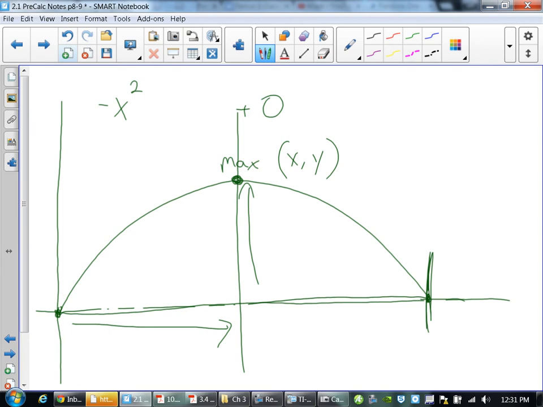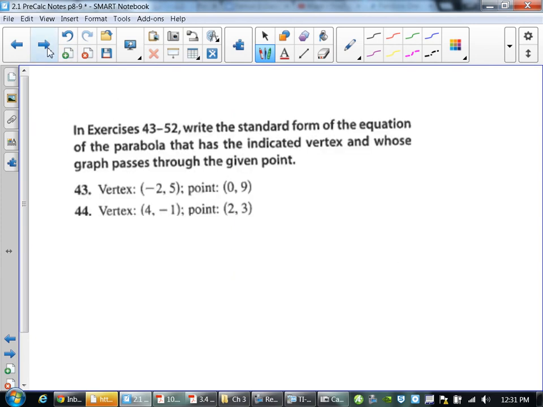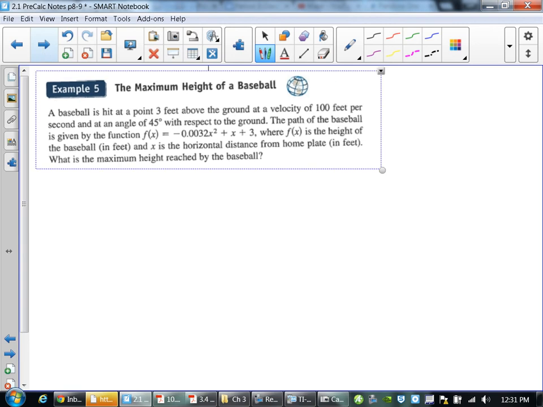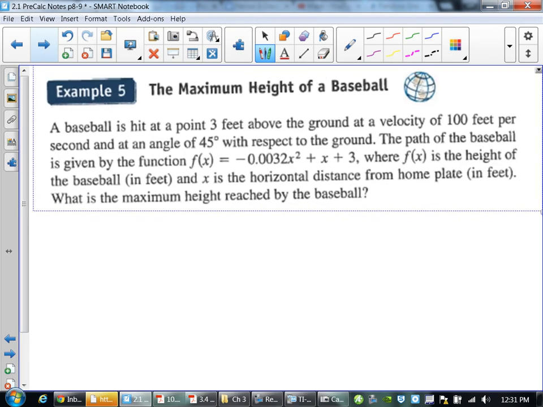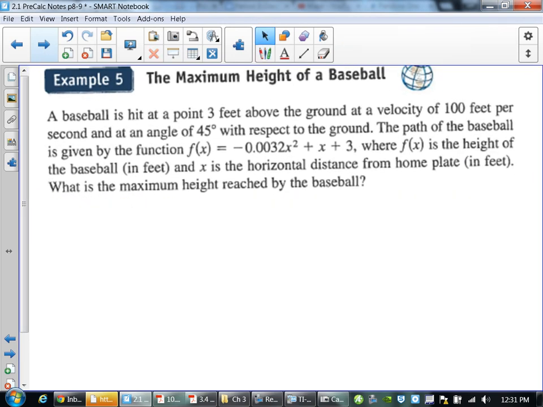I'm trying to think if I had to do a problem. Let's look at this. For example, what I want to do is kind of read through this with you guys just to draw what in the world is this asking me to be able to do. It says you have a baseball being hit at the point 3 feet above the ground at a velocity of 100 feet per second at an angle of 45 degrees with respect to the ground.